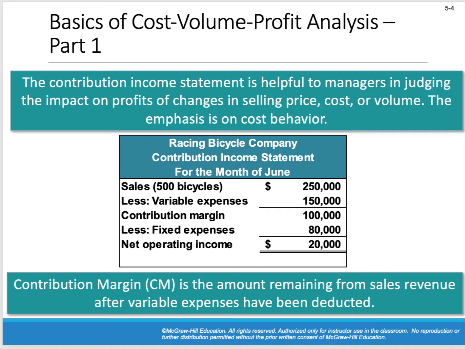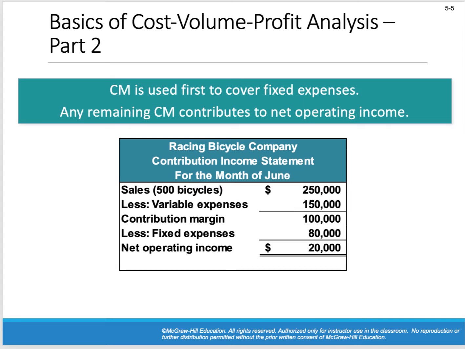Okay, now keep in mind that this contribution margin, not only is it what's left after variable expenses have been deducted, but the contribution margin goes further, right? The contribution margin is what is used to cover fixed expenses.